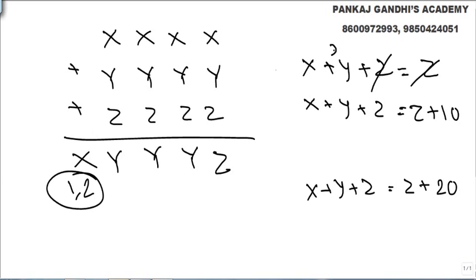If we say z, it will become x plus y is 0. It's not possible. But both cannot be 0. So x plus y plus z, last digit, this is z, but they are not same. So what all we get here?